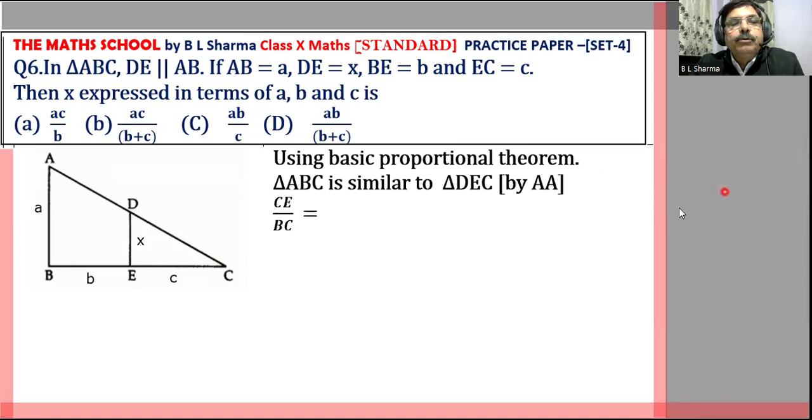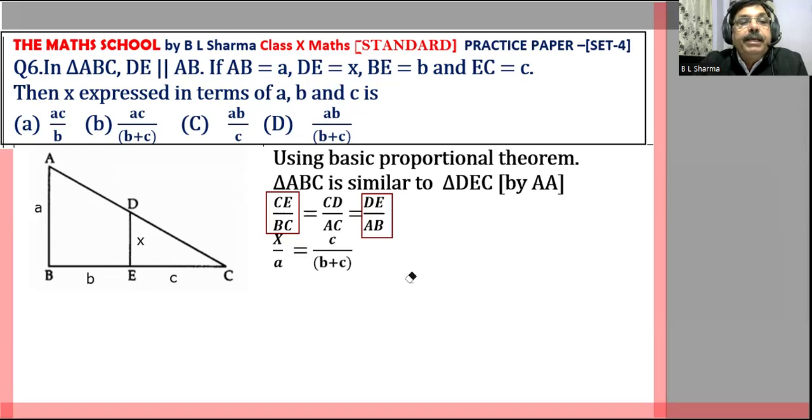So CE upon BC is equal to CD upon AC is equal to DE upon AB. ये corresponding sides का रेशियो सेम हुआ. हम ये दोनों दो साइड लेना चाह रहे हैं, this one and this one. CE upon BC is equal to DE upon AB. So what to do? So C upon B plus C is equal to X upon A, since BC is B plus C.